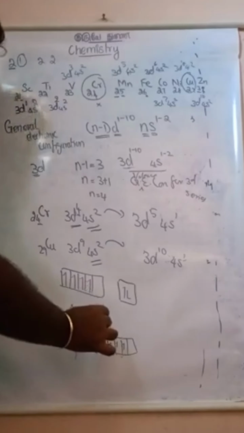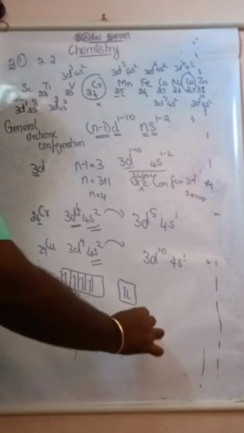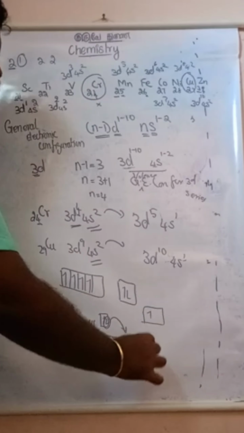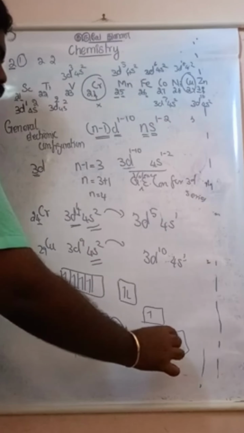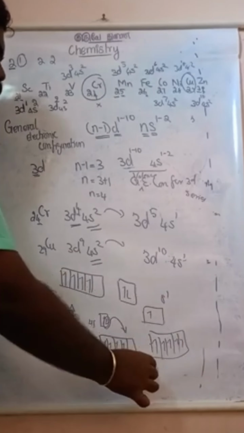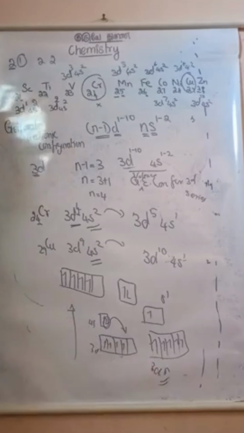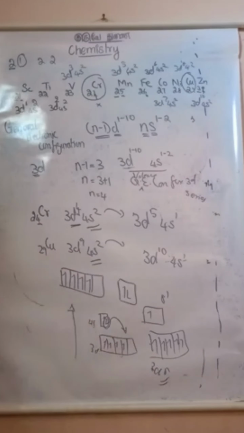But once the electron from 4s jumps to 3d, 4s will get the configuration 4s1 and 3d will get the configuration 3d5. Now s is half-filled and d is half-filled; d5 is half-filled. So the electron movement, electron jumping, is possible.